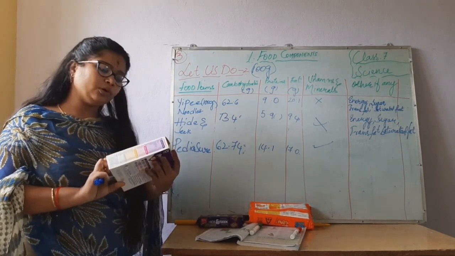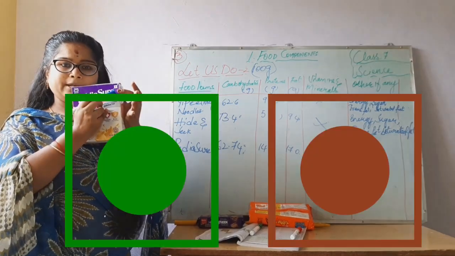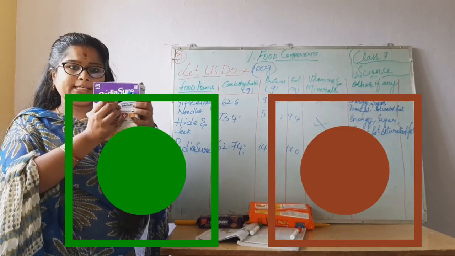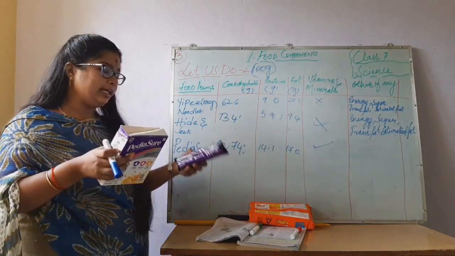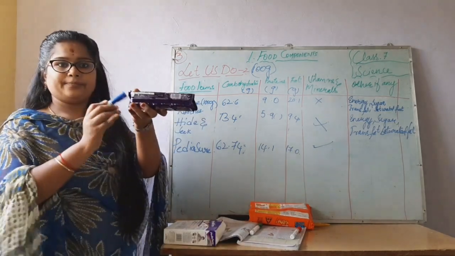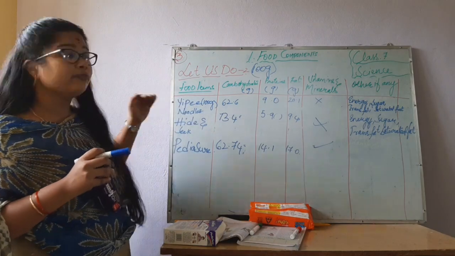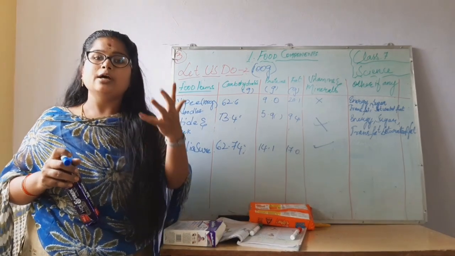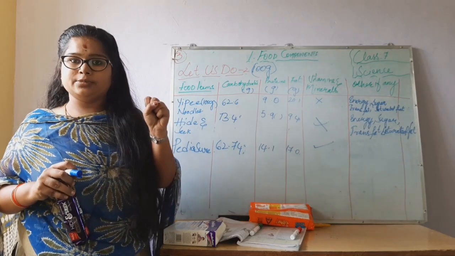And one more thing you are here to observe is, see, this green dot. Green dot indicates that it is a vegetarian food, and red dot indicates non-vegetarian. So before you buy anything, you are supposed to look at which food components you are going to get. And you know now, before you didn't know, but now you know what food item you are going to get.